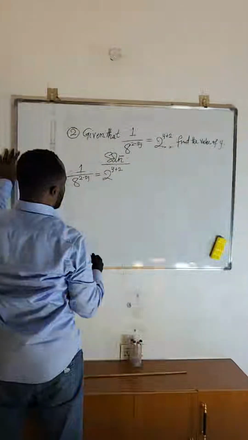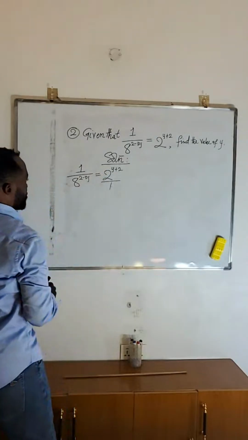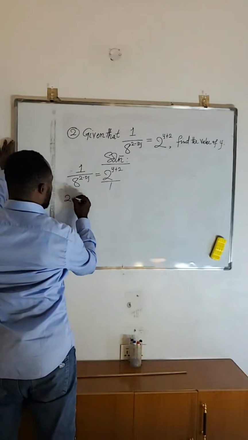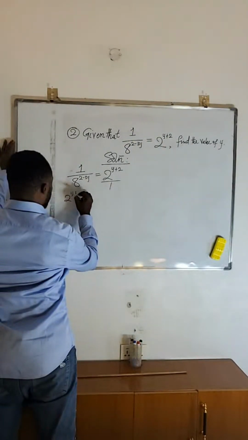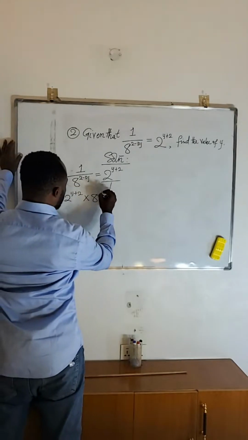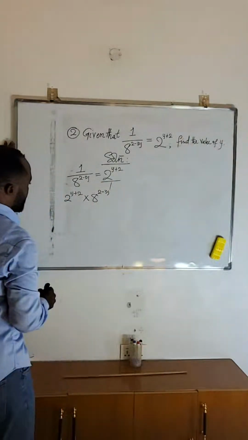All we need to do is to simply cross multiply. Here is the same thing as 2 over 1. And so you have 2 raised to the power of y plus 2 multiplied by 8 raised to the power of 2 minus 3y.